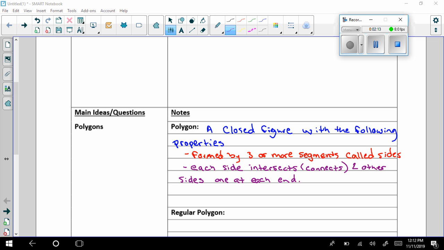If you have any curves, it's not a polygon. Okay. So examples of non-polygons would be like something like this would not be a polygon. Something like this would not be a polygon. So these are not polygons.